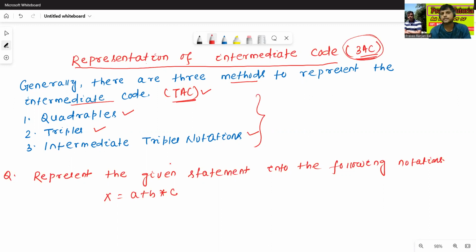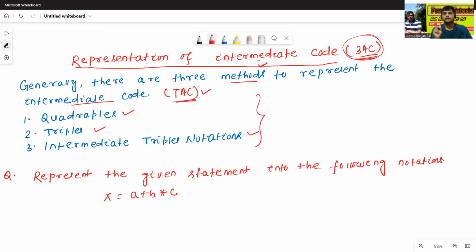Why do we tell it as intermediate code or representation of intermediate code? Because by default, intermediate code generation is called as three address code. Generally, we can represent intermediate code in linear form or tree form. Tree forms like syntax tree, directed acyclic graph, or linear forms like postfix notation, three address code.